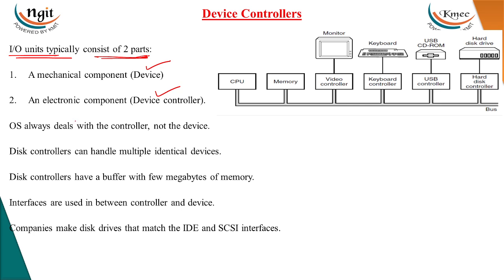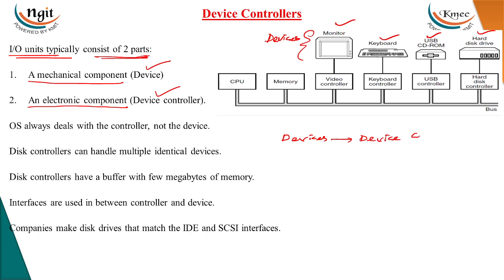The device is a mechanical component and the device controller is an electronic component. Monitor, keyboard, USB, hard drive, all these are devices, and these devices are controlled by the device controller.